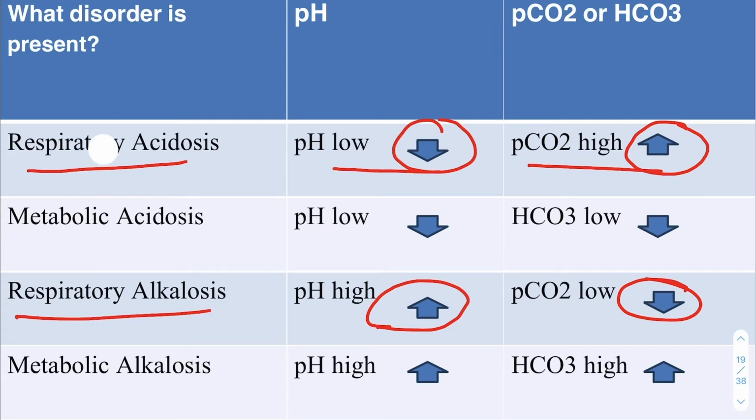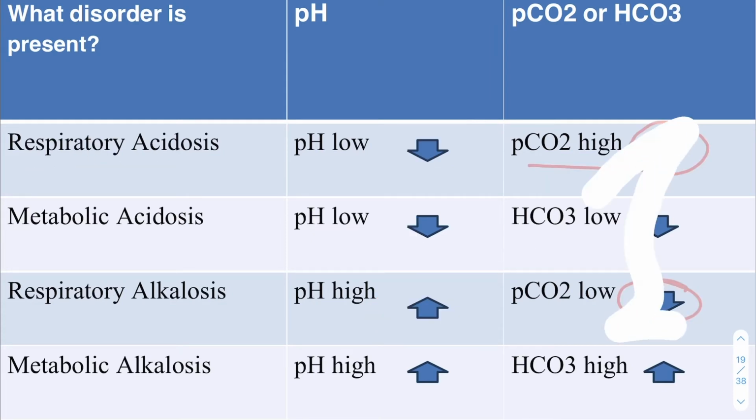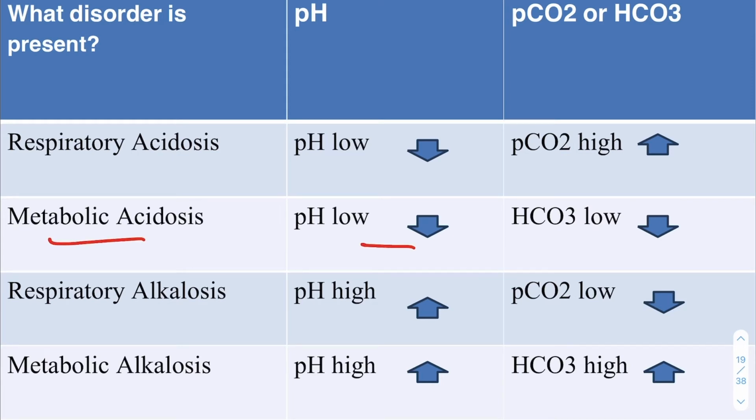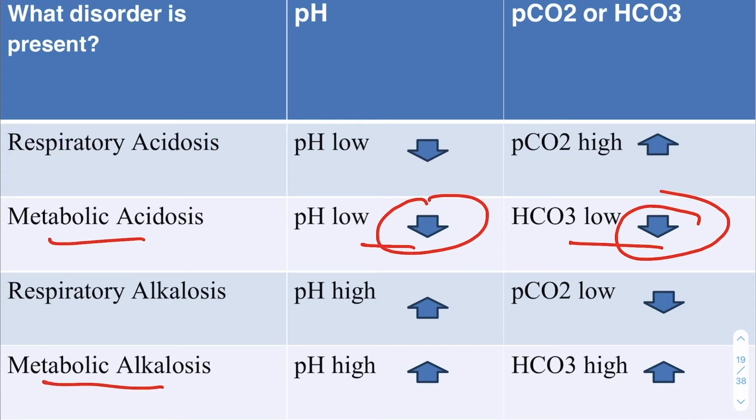Now, look at the metabolic disorders. For metabolic acidosis, pH is low, bicarbonate is low, it is in the same direction. For metabolic alkalosis, pH is high, bicarbonate is also high. So the direction of change of bicarbonate and the pH is in the same direction for metabolic disorder. So this is how we identify what is the primary disorder present.